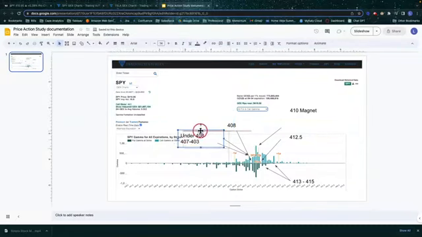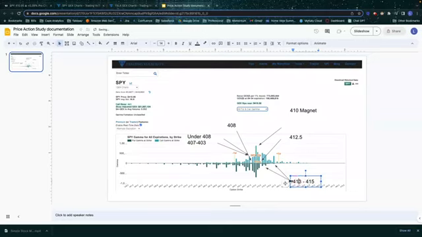This one, I guess I should write above 412. Above 412 can take you into this price range. And so that's pretty much what I'm looking at for the market.